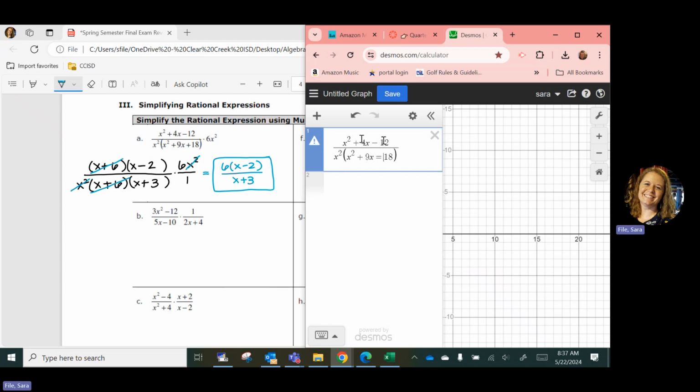Oops, that's supposed to be a plus. And that's being multiplied by 6x squared. So that's the way that it was given.